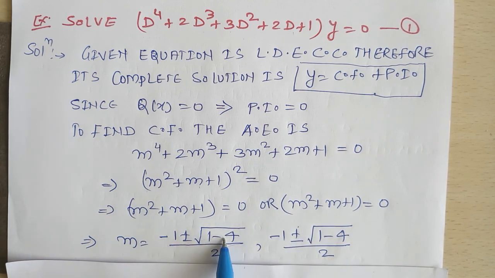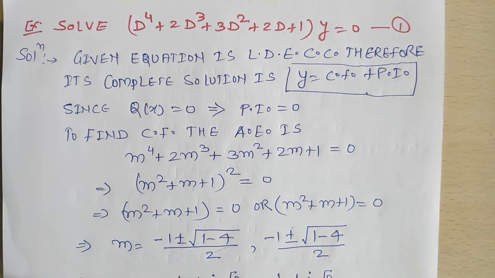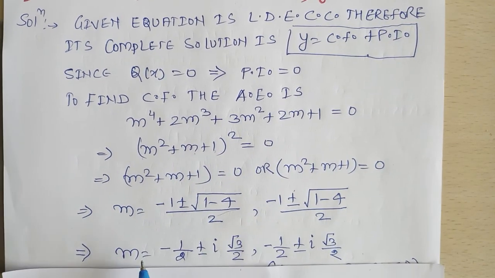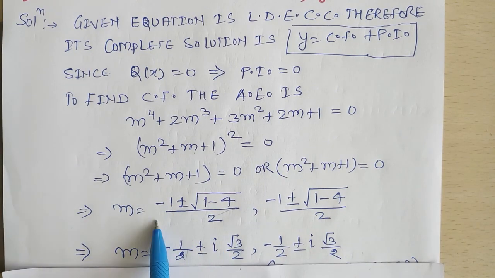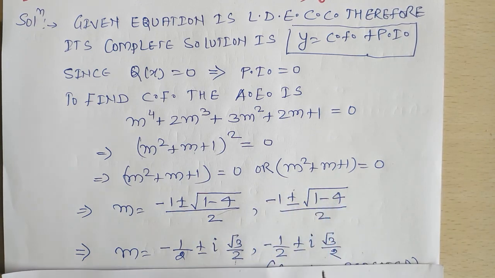This is minus 3. So square root of minus 3 is iota root 3, and then we separate the iota. Then we get m equal to minus 1 by 2 plus minus iota root 3 by 2. Here also minus 1 by 2 plus minus iota root 3 by 2.